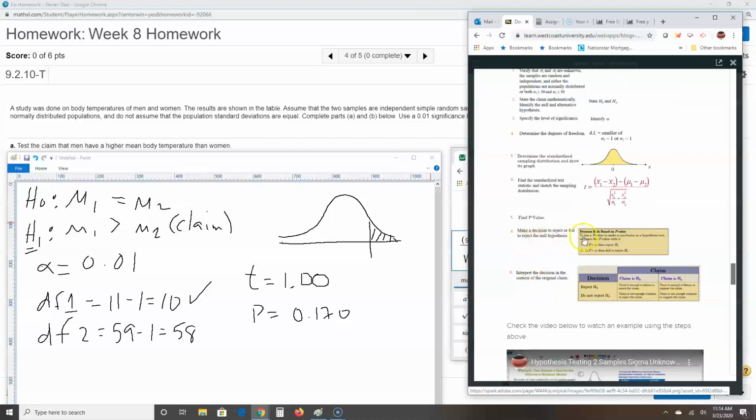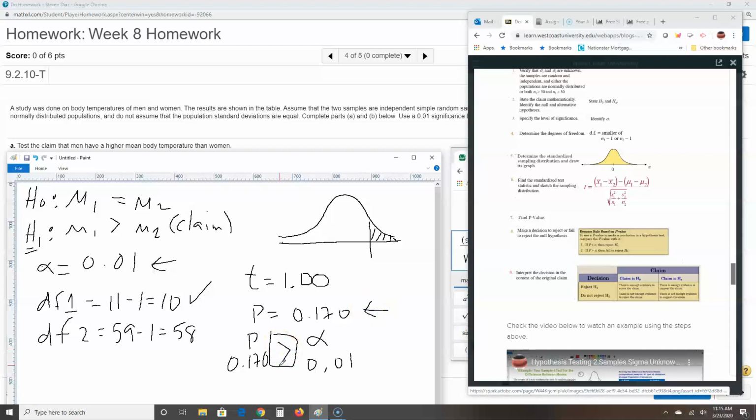Okay, and we did step number 7. Step number 8, that's when we make the decision. We're going to compare the p-value against the alpha. My p-value is 0.170. My alpha, 0.01. See, you get it from here. That's the alpha, and this is the p. And from left to right, 0.170 is bigger than 0.01.